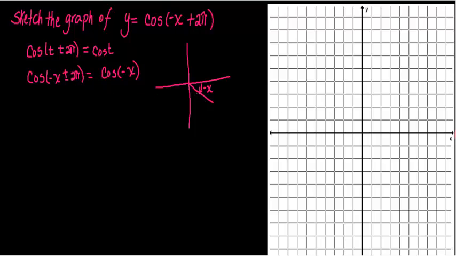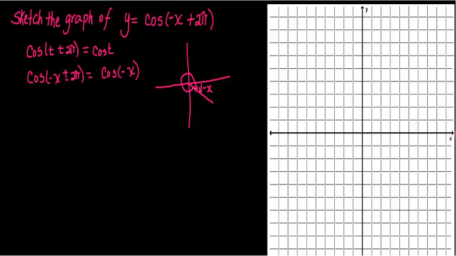So if I'm here and I go around 2 pi, that means a full 360 degrees, from negative t, or from negative x, all the way back. That's a full 360 degree turn. I end up at the same place I started.